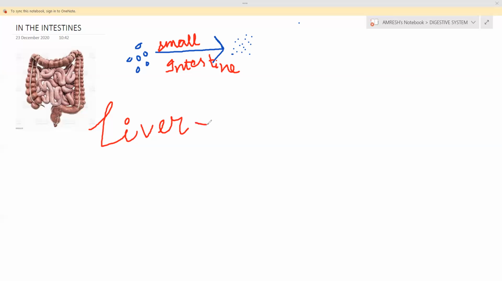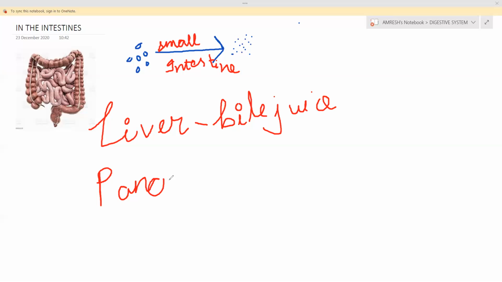Like your liver, that is an extra point, the liver secretes bile juice. Please note it down, everybody. Liver secretes bile juice that helps in digestion of fats. And pancreas, one more gland organ, that is pancreas.